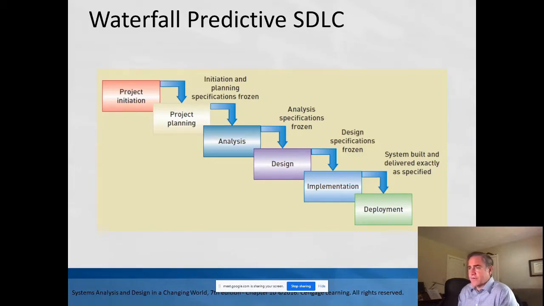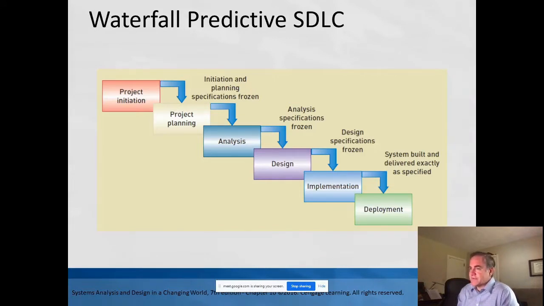Here we see an example of the waterfall method, where you see project initiation. So this is kind of where you put a proposal in. That falls into project planning, where you would get approvals, you would get funding, you would do things like Gantt charts, plan out the schedule, plan out the personnel, things like that. And once that's set, then you fall into analysis.